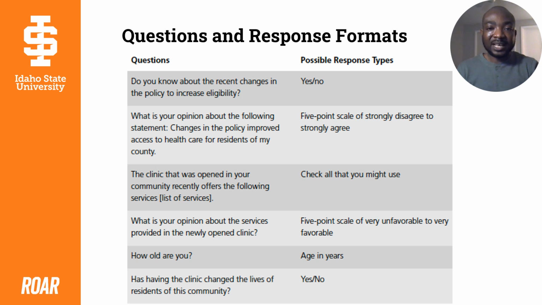Participants could be asked to check all the options that apply in response to a statement such as, the clinic that we recently opened in your community offers the following services. And respondents may be asked to provide their age in years or choose from a list of age groups if asked how old they are.